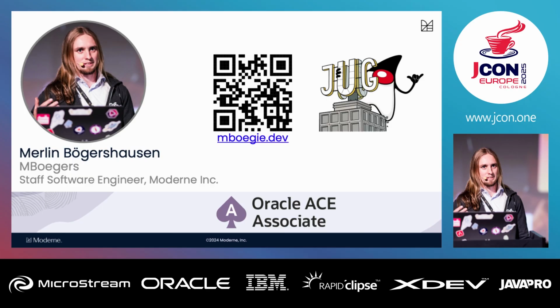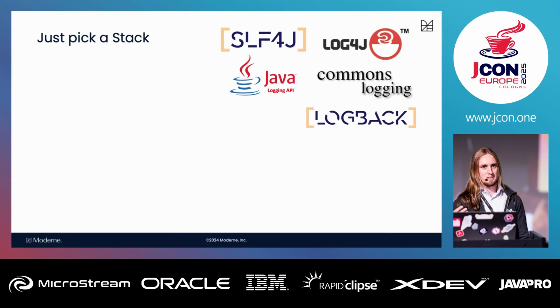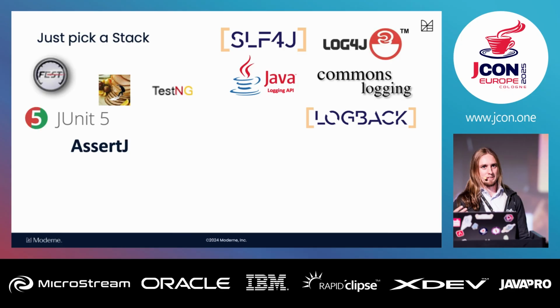Let's have a quick recap first, about what being spoiled for choice and historical decisions may be. If you're starting a new project on a greenfield, you usually start by picking a stack. You're picking a stack for logging. There are some available. You may pick a library for testing. There's still another one.